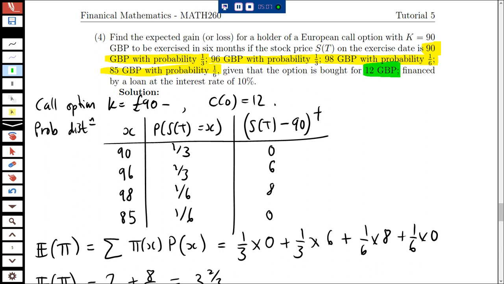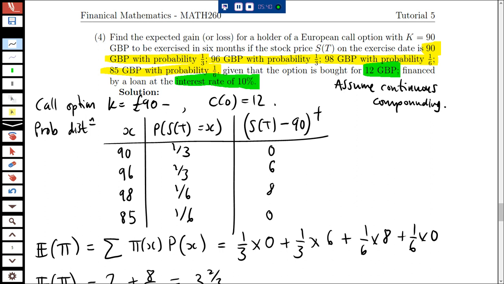So let's catch up on this again. Given that the option is bought for £12, financed by a loan at an interest rate of 10%. It doesn't tell us anything about compounding periods here, so I'm just going to assume that it's continuous compounding. That's a fair assumption to make.